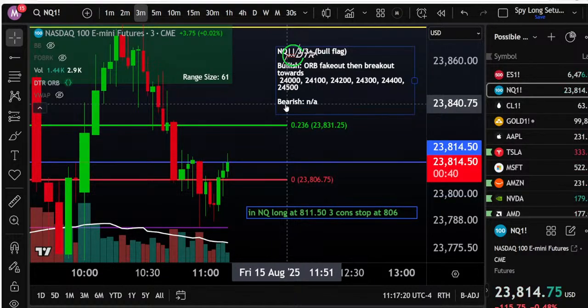Yeah, see if we can keep pushing here. So far, so good. So far, so good.